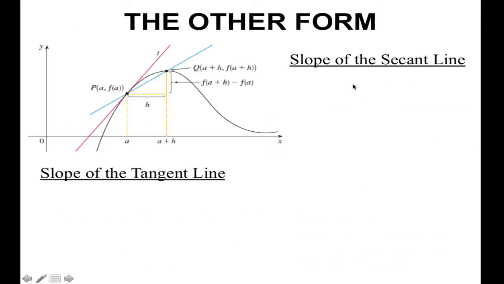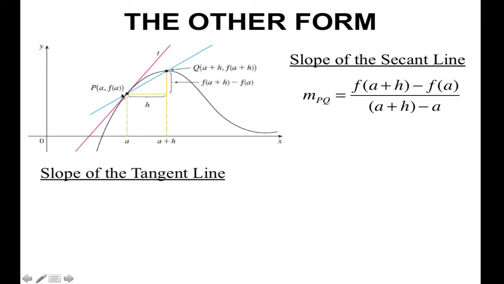The other form: if we have the slope of the secant line, given by this picture, where we have point P and point Q, where the x value a is at some value, and we have another x value h units away from a.